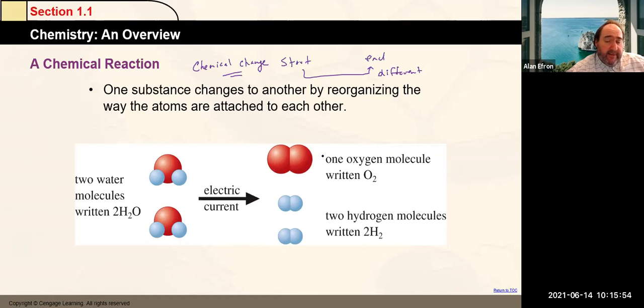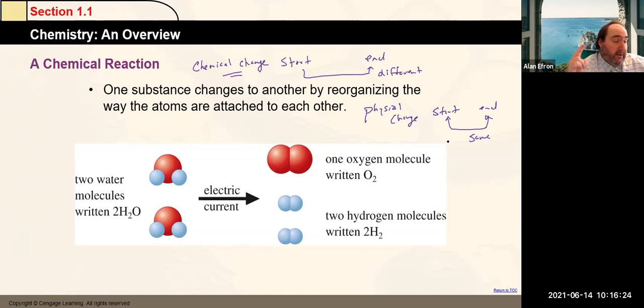That's different than a physical change, where what you start with and what you end with are basically the same thing. It may just look different. For example, what we were talking about earlier with the ice cube: we take an ice cube from solid and melt it to liquid water, then evaporate it to steam.